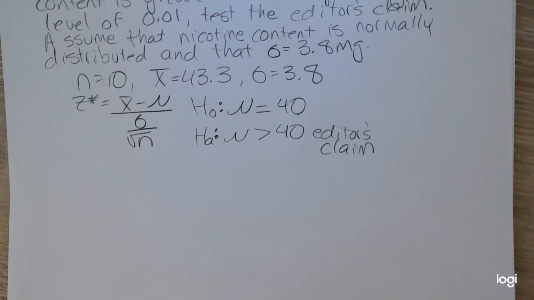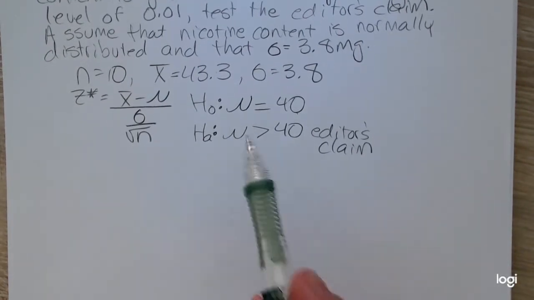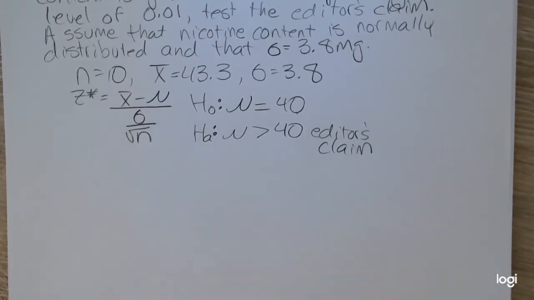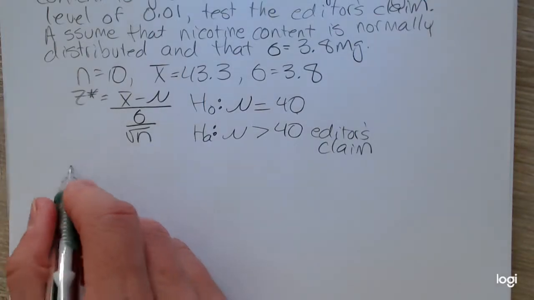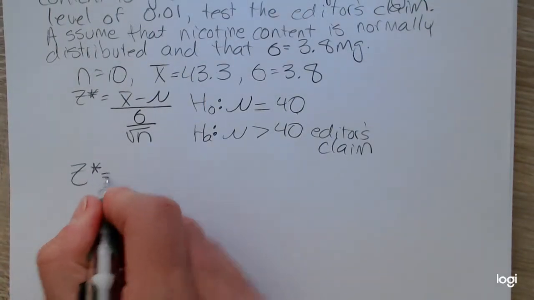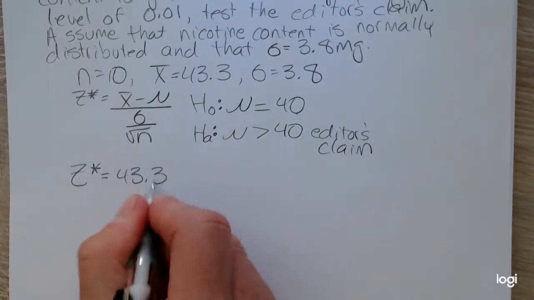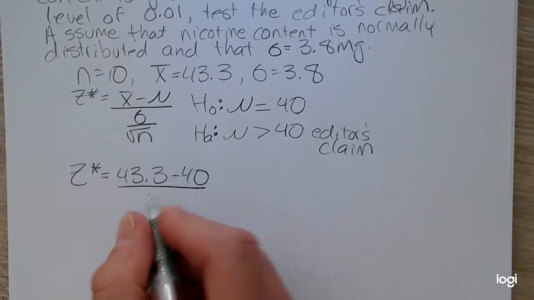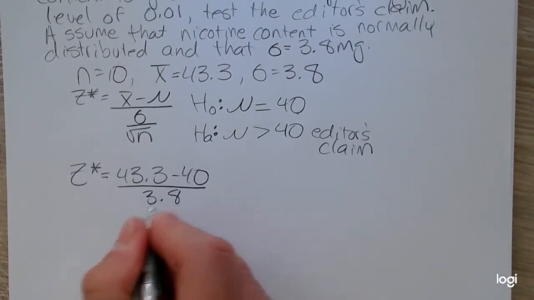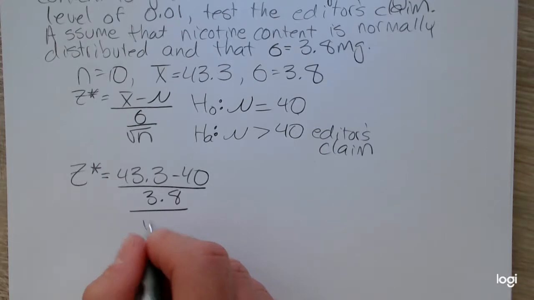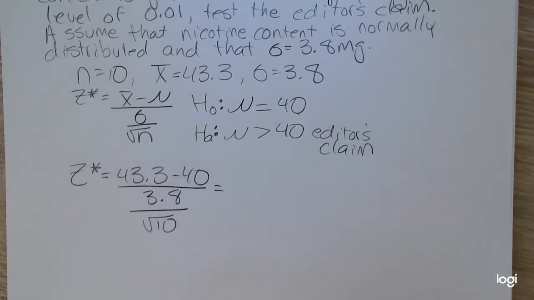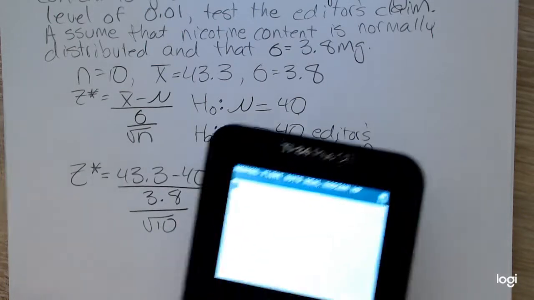To use the p-value method, I need to find the standardized test statistic. So inputting into the formula all of the pieces given in the problem, using parentheses around the numerator expression and the denominator expression.